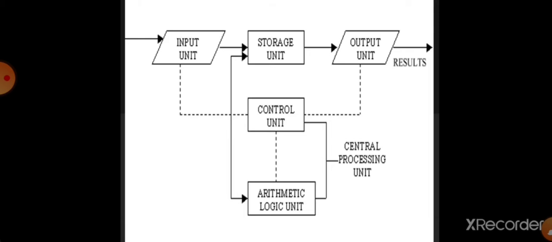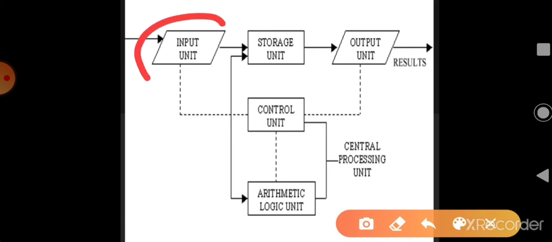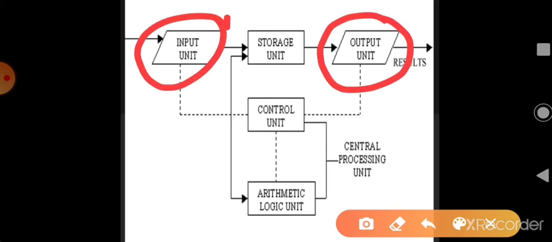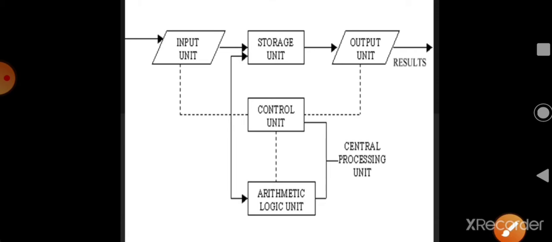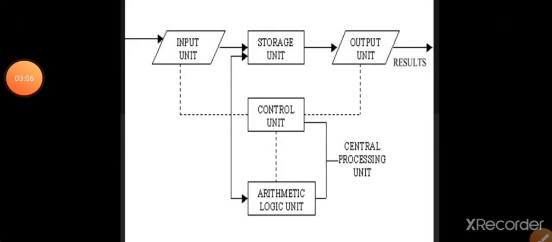Dear student, here are the input unit, the output unit, and this is the CPU. You studied this in your lower classes, but again I am telling you what is meant by input unit, output unit, and CPU. The CPU is divided into three parts: storage unit, control unit, and arithmetic and logic unit. I will tell you all the units one by one.